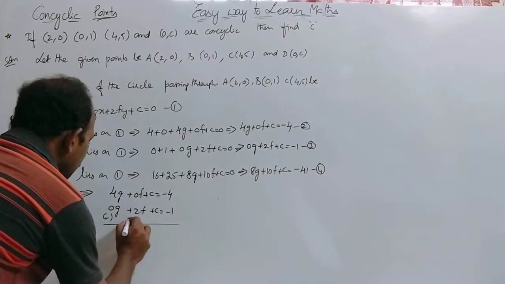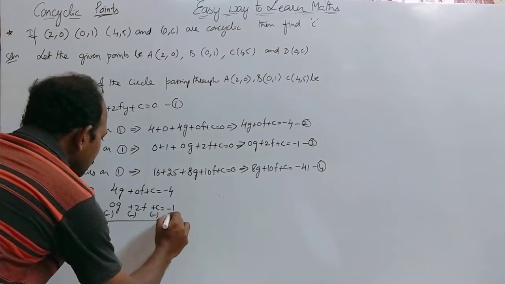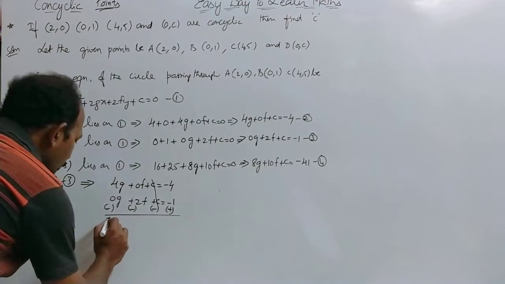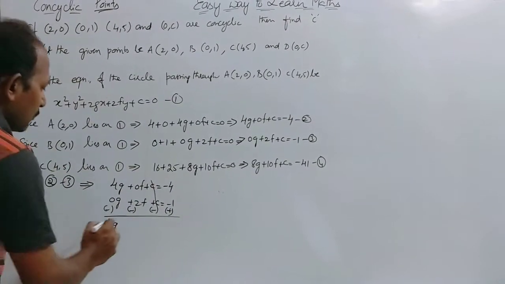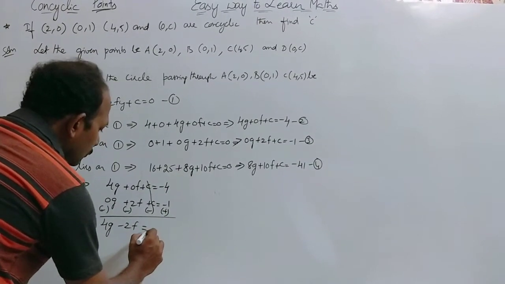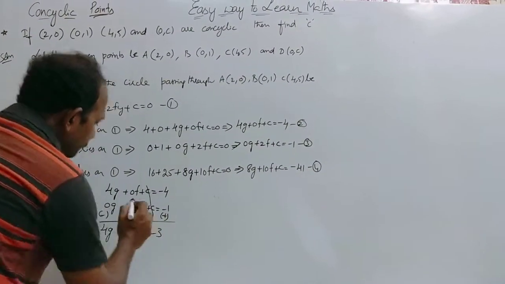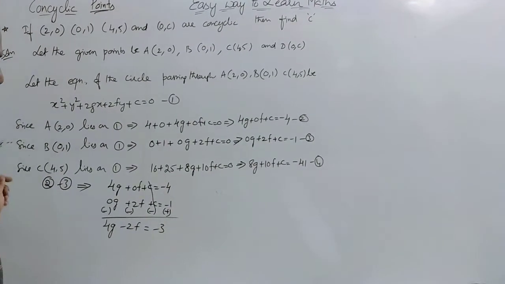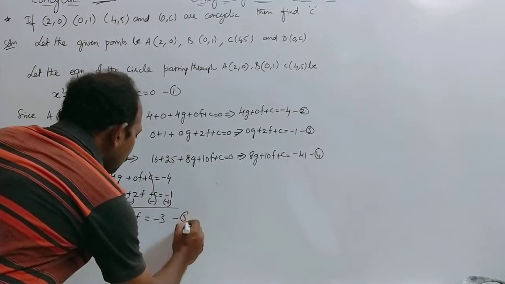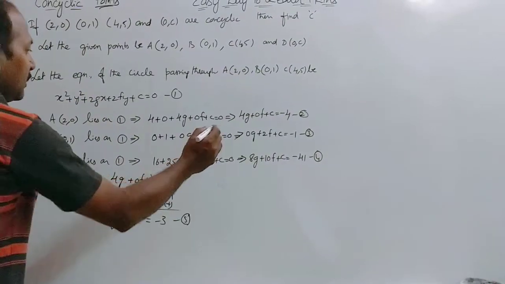Subtraction: minus, minus, minus, plus. Here c gets cancelled. Then 4g minus 2f is equal to -3. Say equation 5. And similarly 3 minus 4.